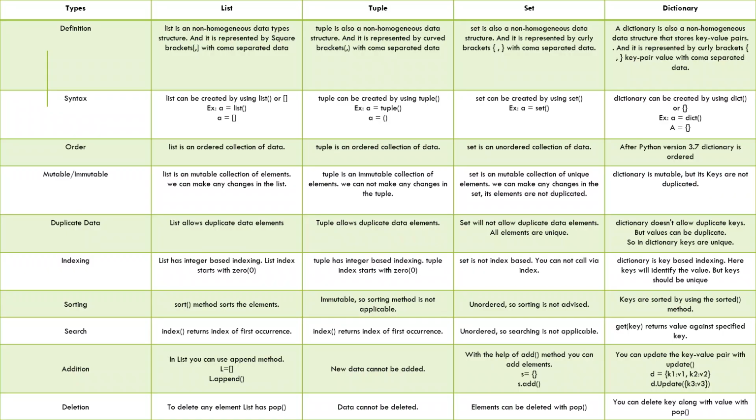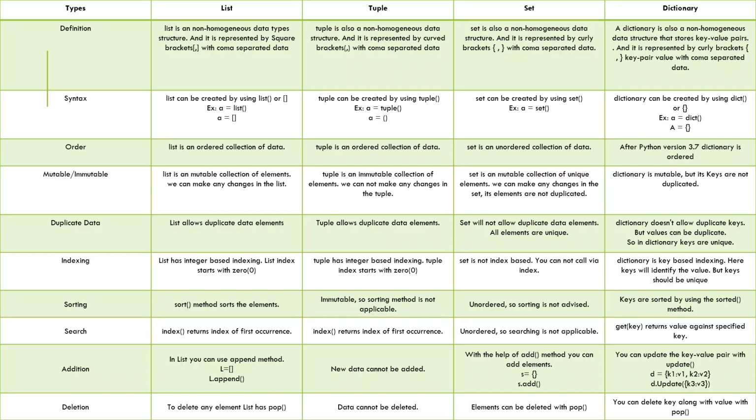And here, addition of a value, or appending a value. In a list you can append the value, but tuple is an immutable collection of elements, so you cannot append the value. And set and dictionary you can add the value with the help of add and update. For the set you use the add function, and for the dictionary you use the update function.